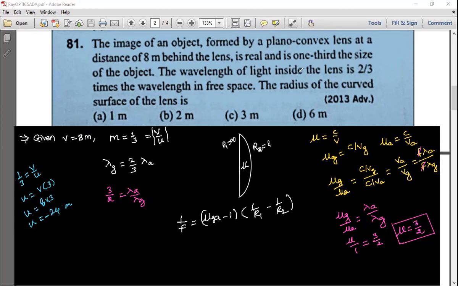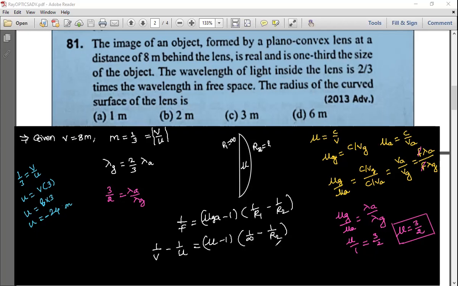Oh, you got the answer also. Wait, let me do it. Now 1 by F, what formula do we have? 1 by V minus 1 by U. So 1 by V minus 1 by U is equal to mu G by mu A, which means only mu G, that is mu minus 1, times 1 by R1, which is 1 by infinity, minus 1 by R2 as it is.